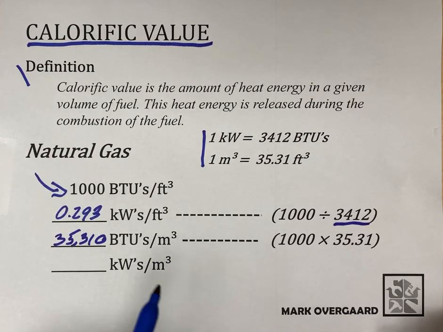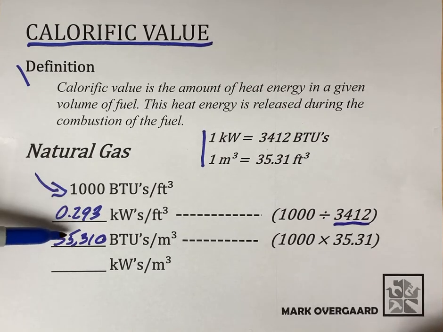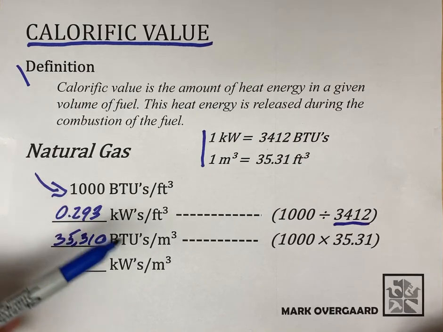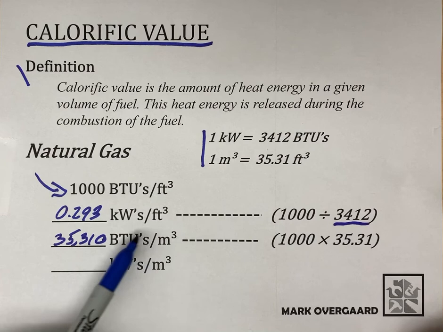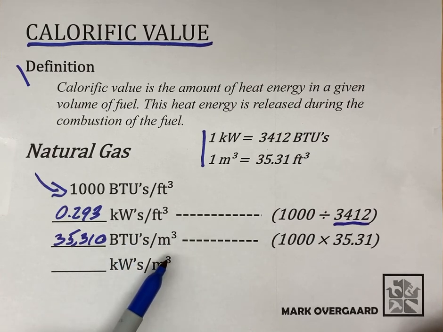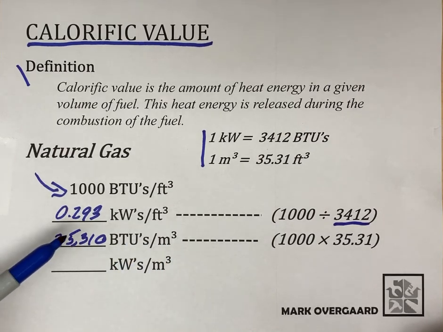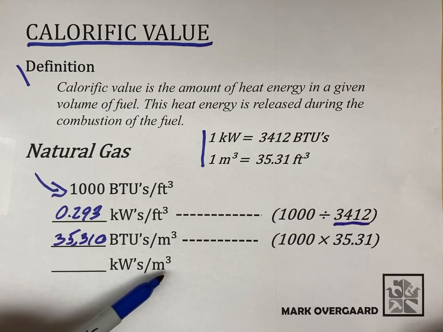All right, that's another way to express the calorific value of natural gas. All three are expressing the calorific value of natural gas. The key between these two here is it's an actual different volume. There's much more stuff here, much more heat energy. The third one, or the last guy, is kilowatts per cubic meter.